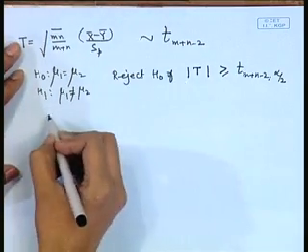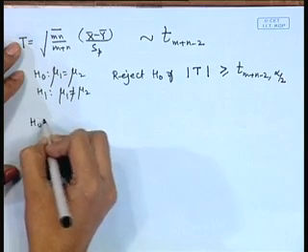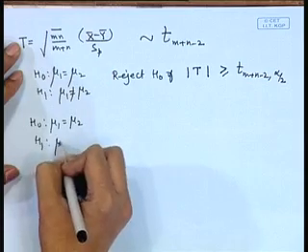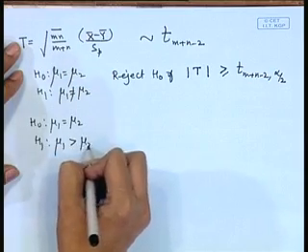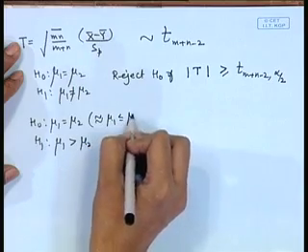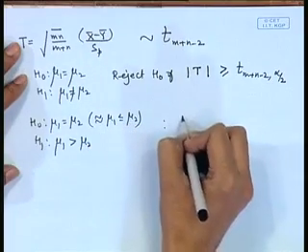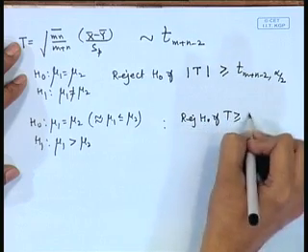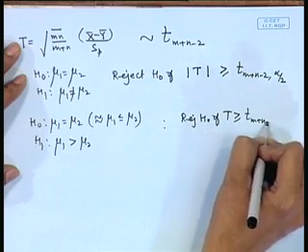If we have one sided alternatives, for example, mu 1 is equal to mu 2 against say mu 1 is greater than mu 2, of course, this null hypothesis can also be replaced by mu 1 less than or equal to mu 2. We will have the test reject H naught if T is greater than or equal to T m plus n minus 2, alpha.